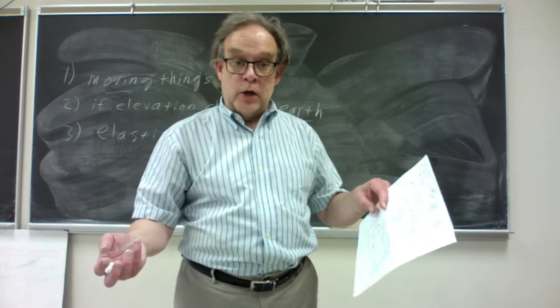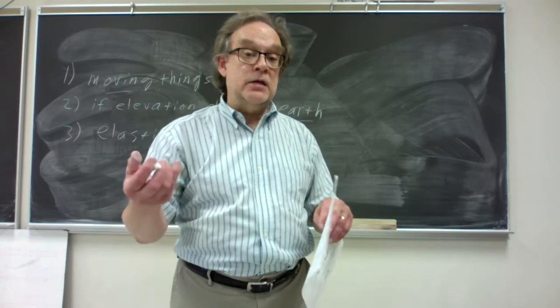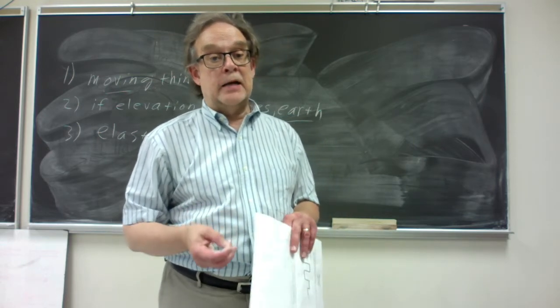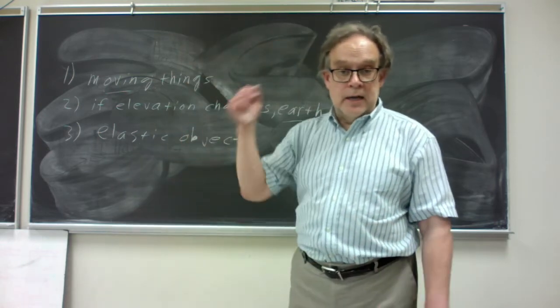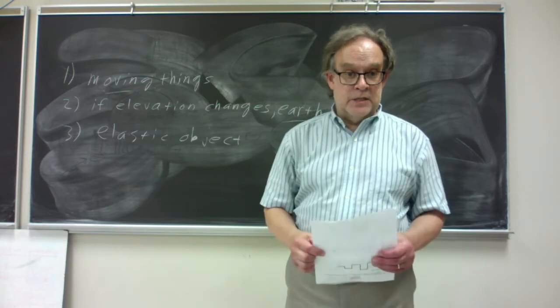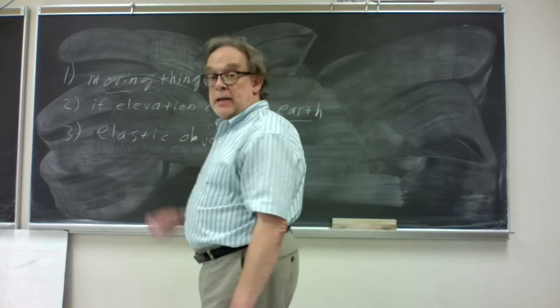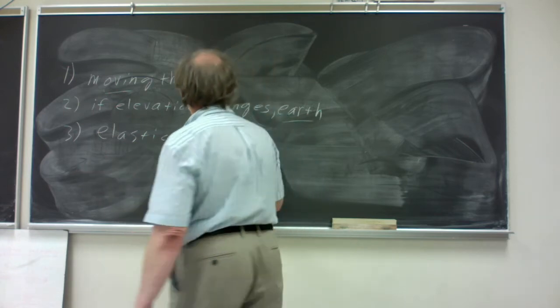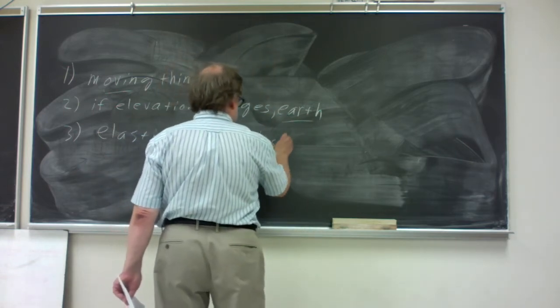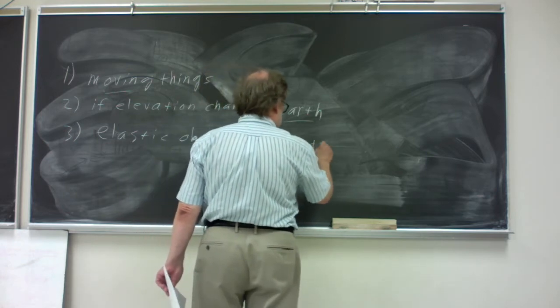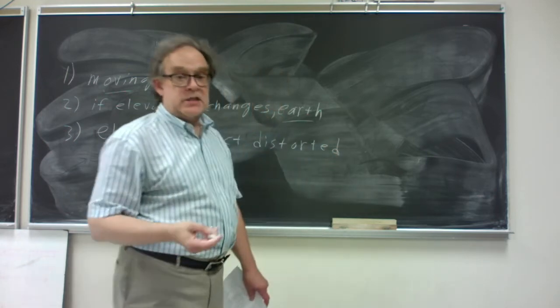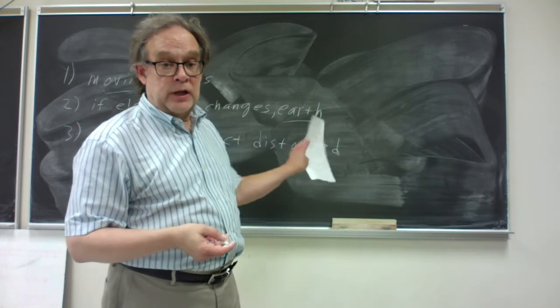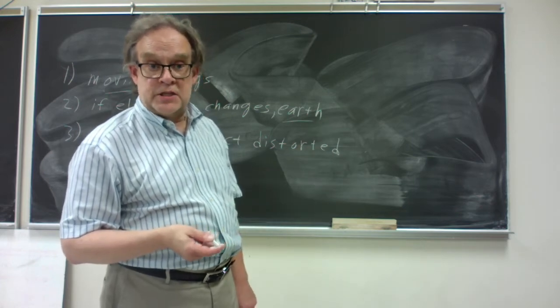The result of doing that work means the spring gained some energy, and the particular kind of energy that it gained was elastic potential energy. So any elastic object that's been distorted now has some elastic potential energy, and you'll have to include that object as part of the system.